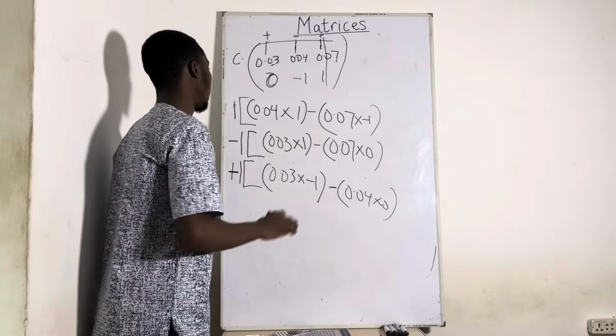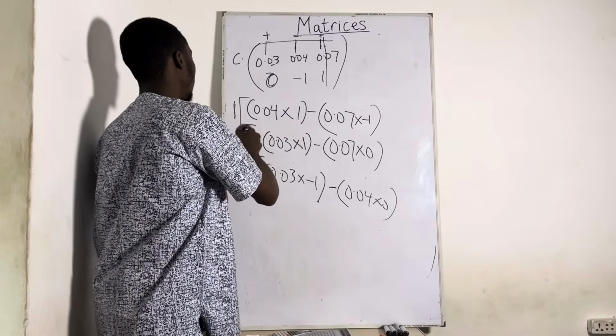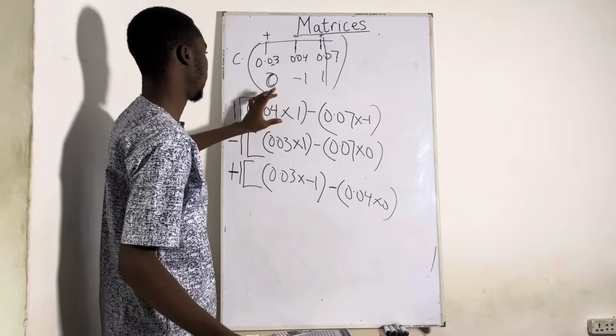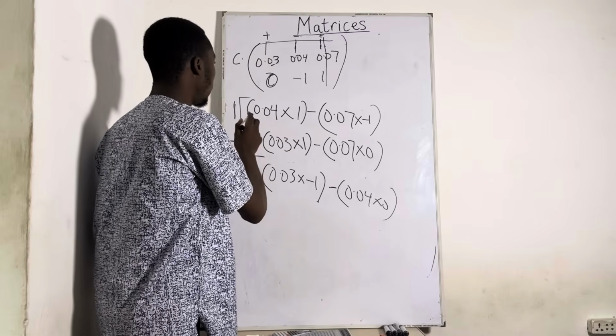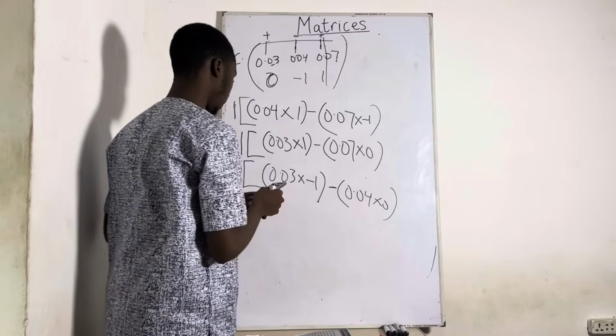So let's start step by step. Let's start with this part. So 1 into brackets, 1 times whatever is here is the same as 1. So you can just do what is here because it's just multiplied by 1. At the end of the day, you get the same value. Let's punch this part on the calculator.